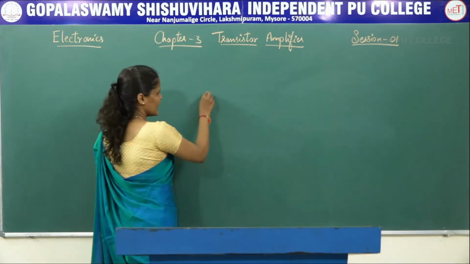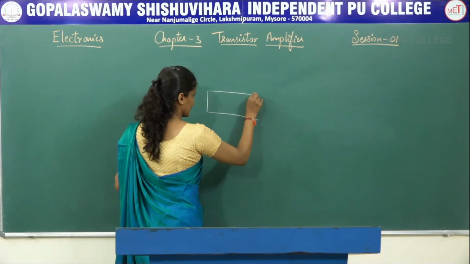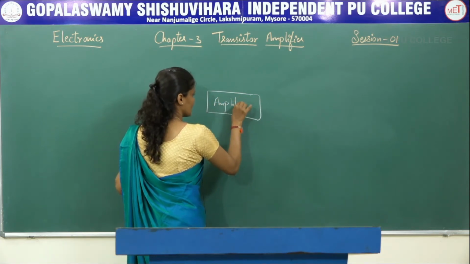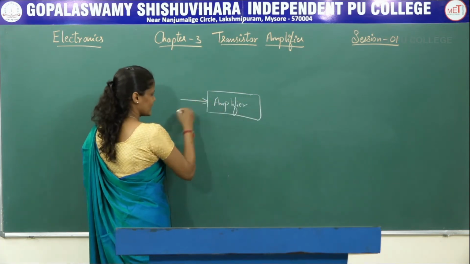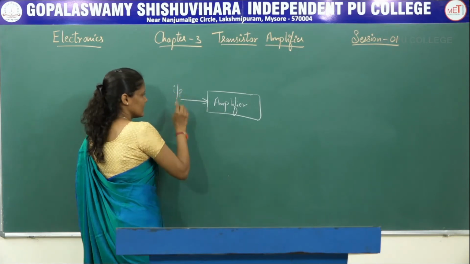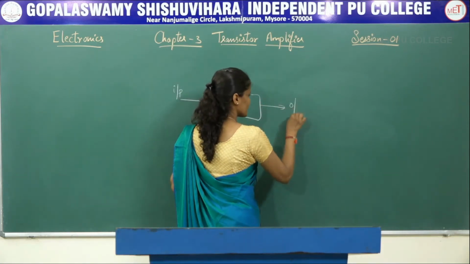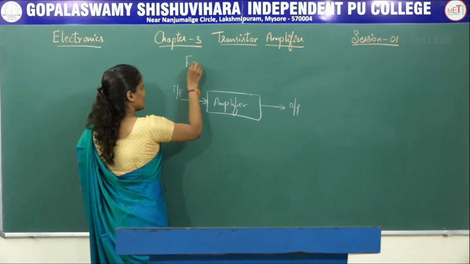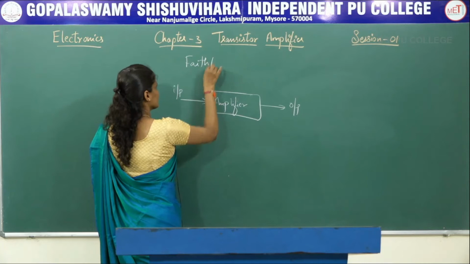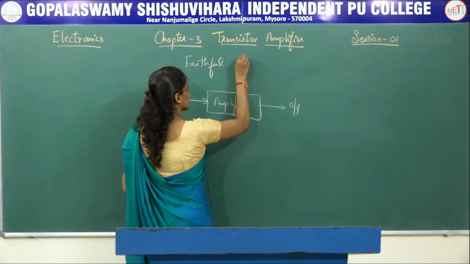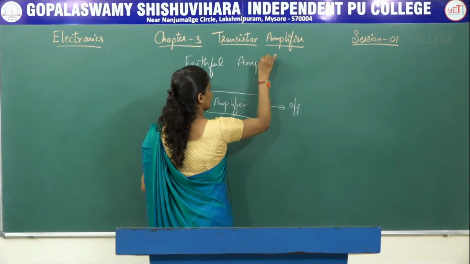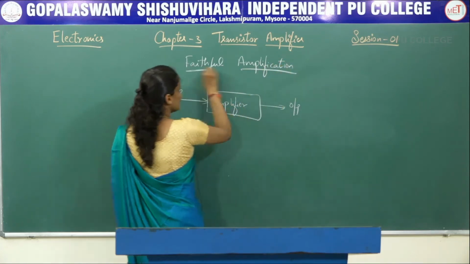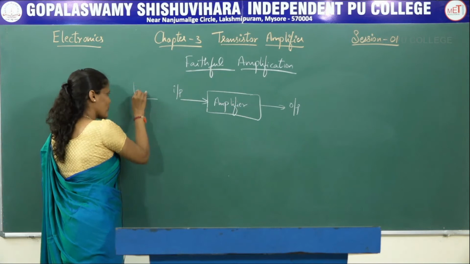That is, if I am going to consider an amplifier circuit for which I am going to apply the input signal and the output signal will be taken from that amplifier, faithful amplification is the process of increasing the strength of the input signal.